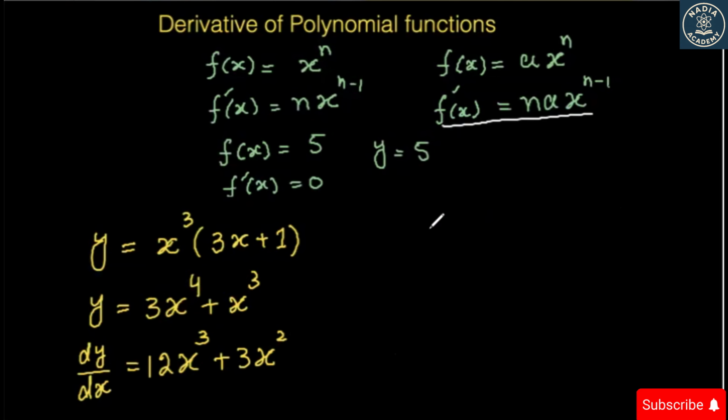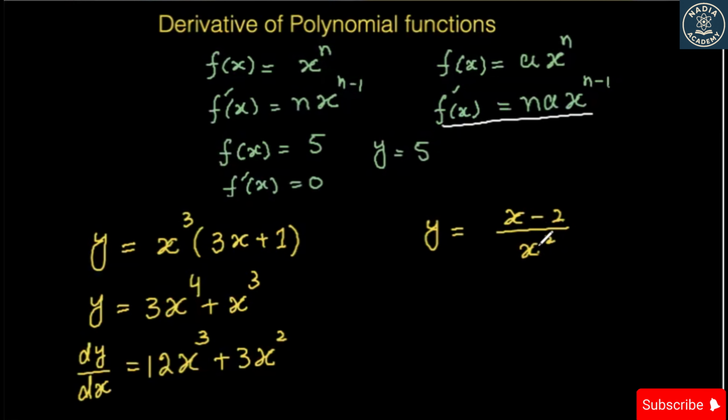For an example, if we have a function like y is equal to x minus 2 divided by x square, this time you can see that it is written in the form of two factors.